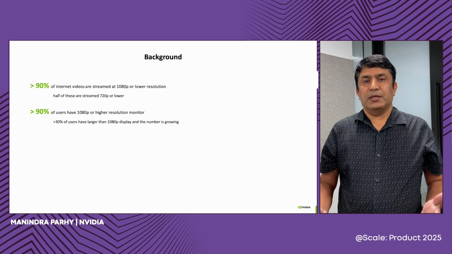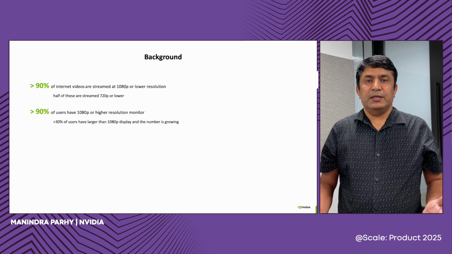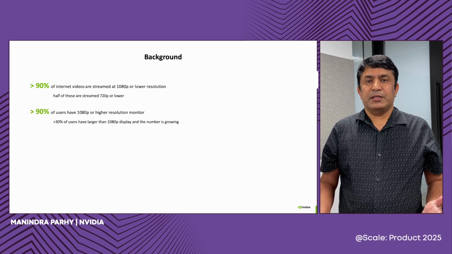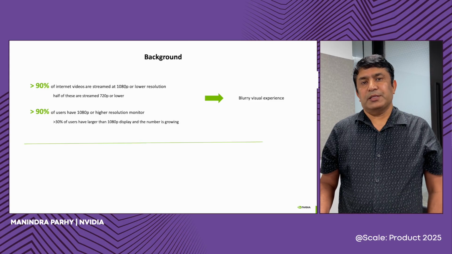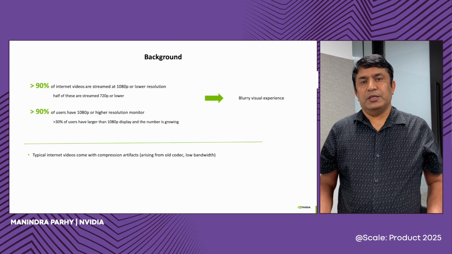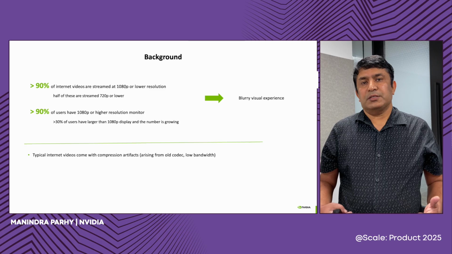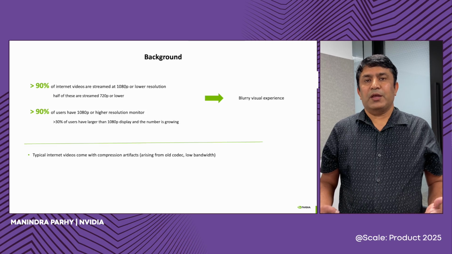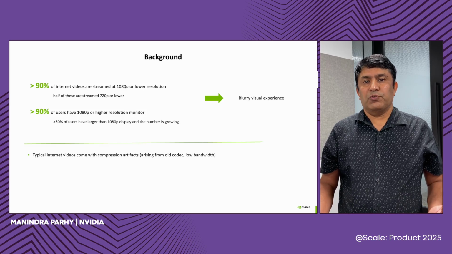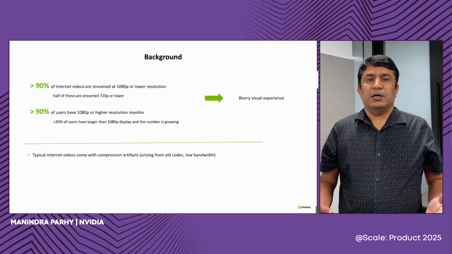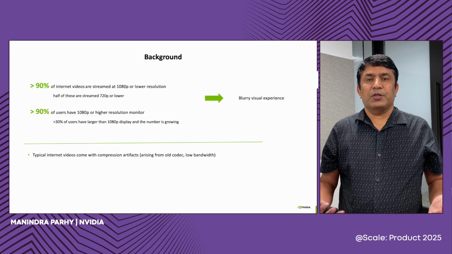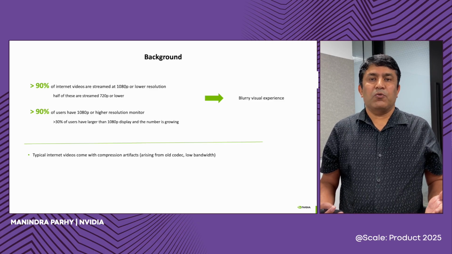When the video is naively upscaled and displayed, it creates a very blurry experience. Compounding this, internet videos have a lot of compression artifacts. This may be because they were compressed with an old codec like H.264, or because there is not sufficient uplink bandwidth when someone is uploading the video to the cloud, so it needs to be compressed at a low bitrate.